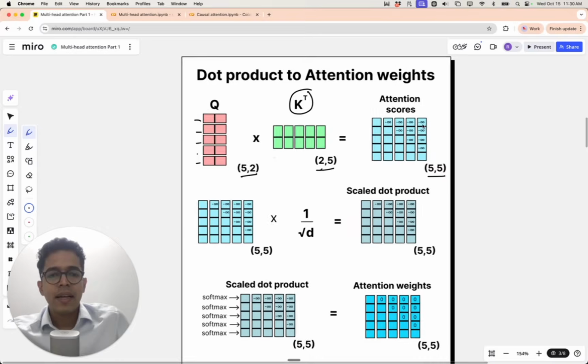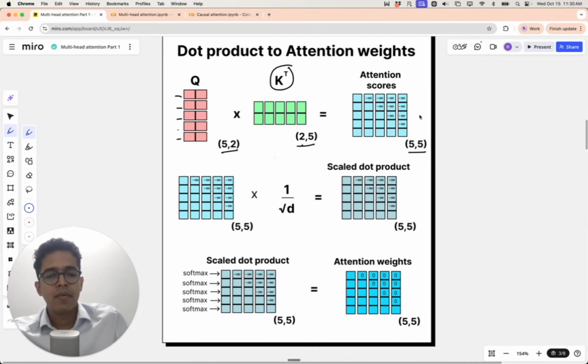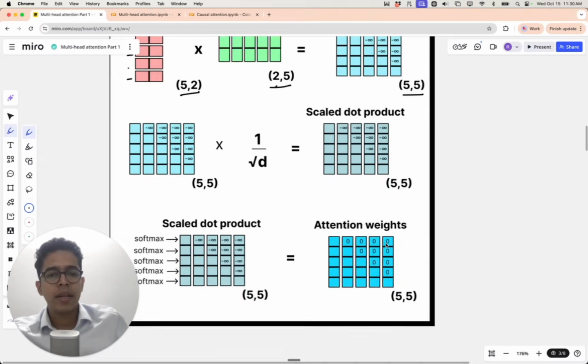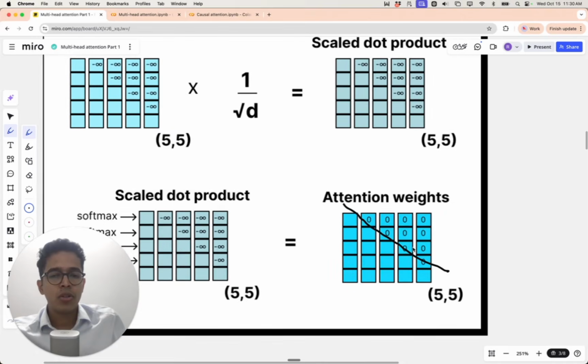And then we said to create masked attention, where we want to mask the future keys. Basically, a query should not pay attention to keys that are supposed to come in the future. We want to mask the upper triangle, so all these values we want to be 0. For that, what should we do?